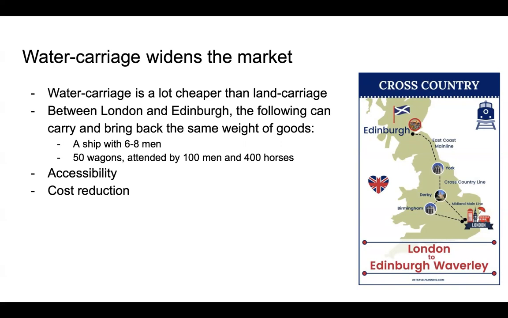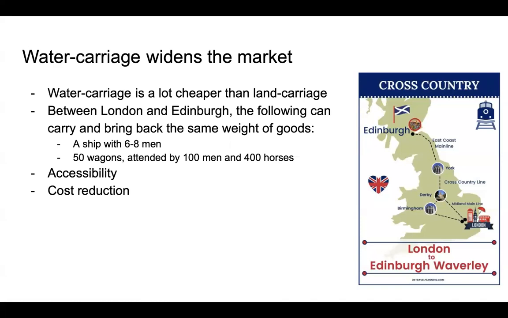Smith gives an example. Between London and Edinburgh, the following two ways can carry and bring back the same weight of goods in the same time period: a ship with 6 to 8 men, versus 50 wagons attended by 100 men and 400 horses.